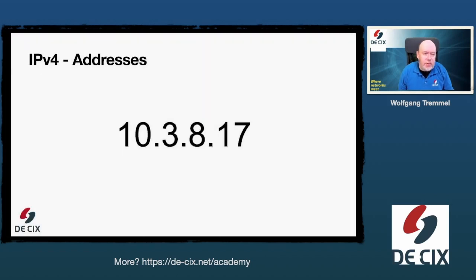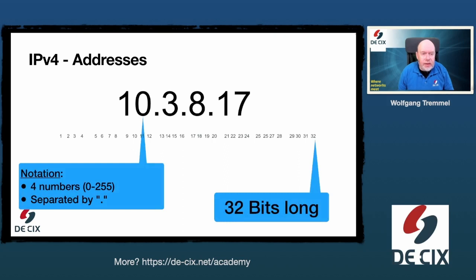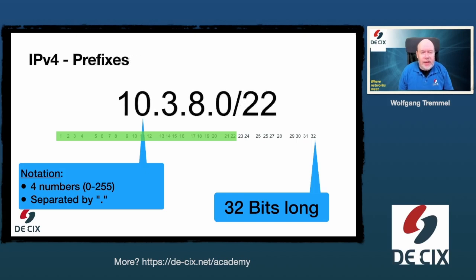And the same is true for IPv4. In IPv4, just 32 bits long, there is also always a network part and a host part, and the border between network part and host part can be anywhere. I didn't mention that, but the same is true, of course, for IPv6.